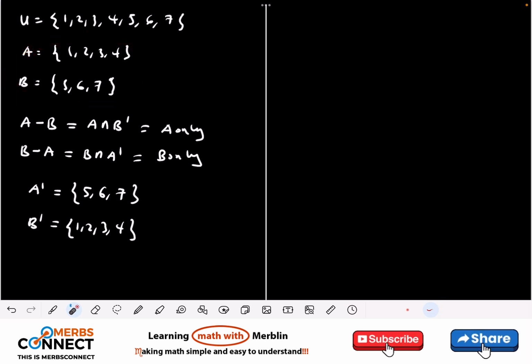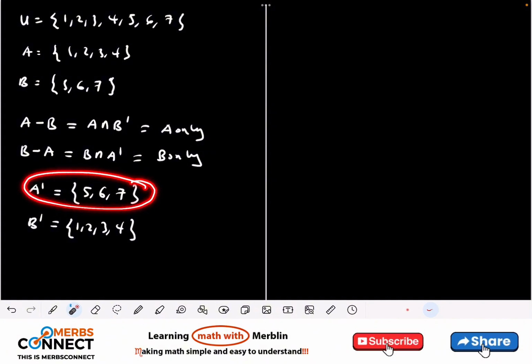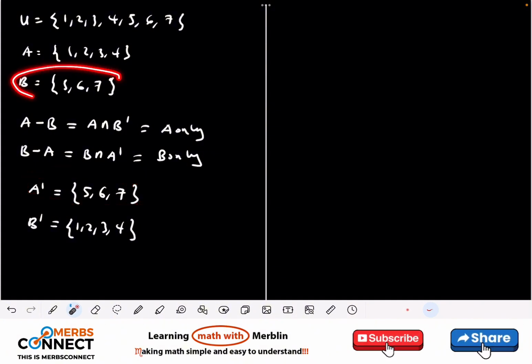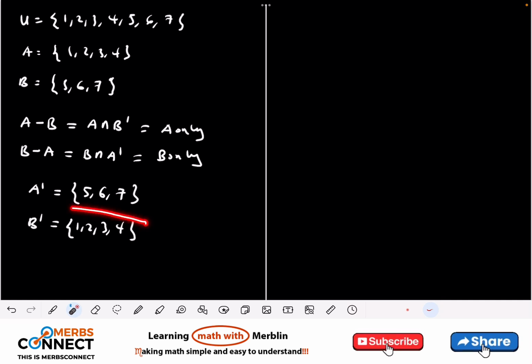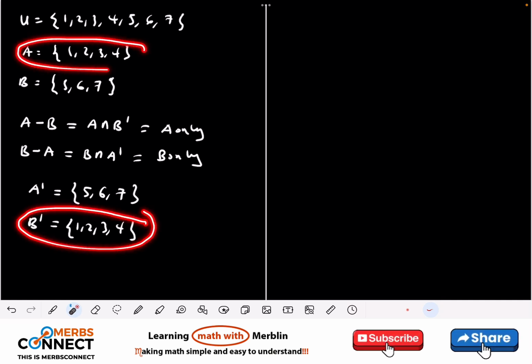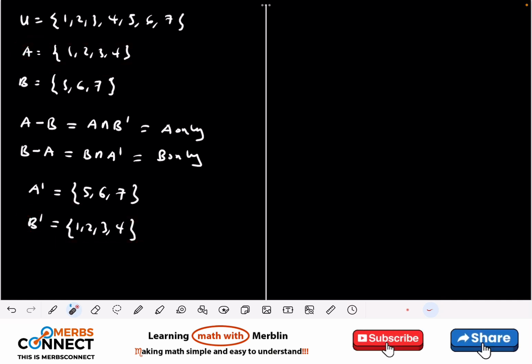So that is the idea. You can see that A prime here is actually the same as B because they are disjoint sets, and then B prime here is the same as A because it is what? A disjoint set.